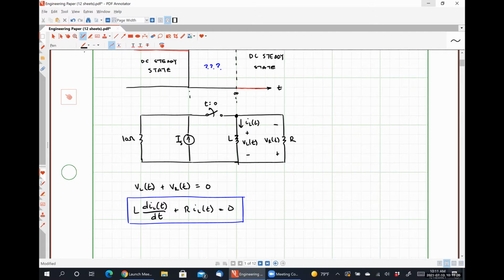Exponential function. An exponential function, okay? So let's make an educated guess here.